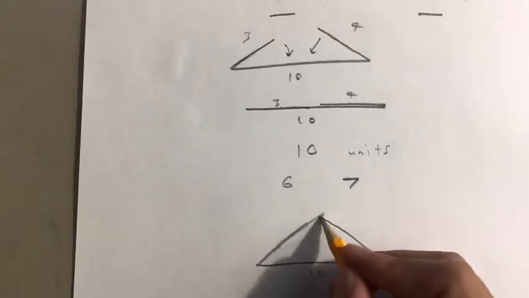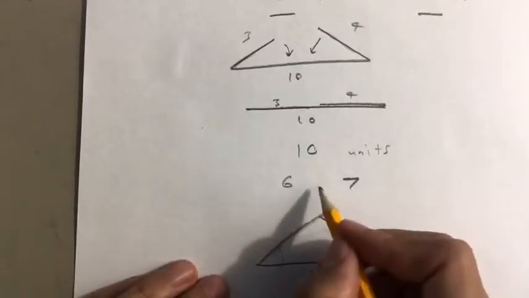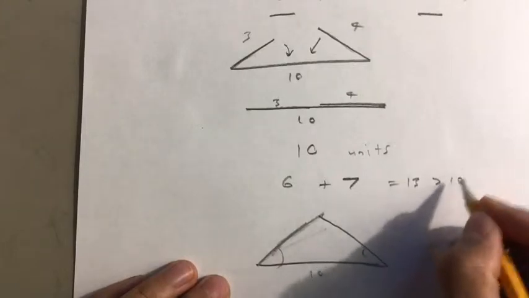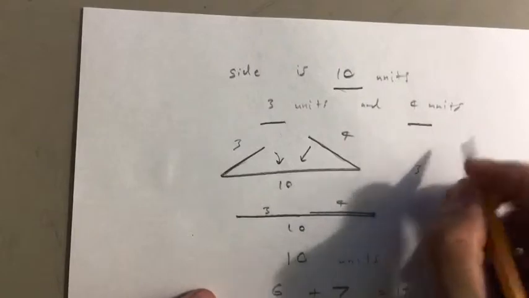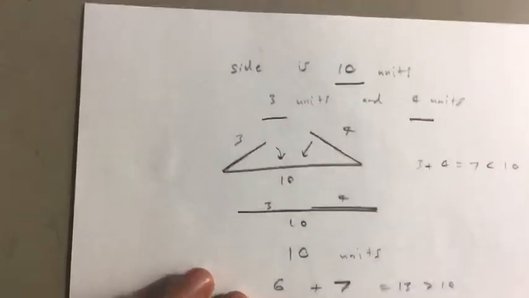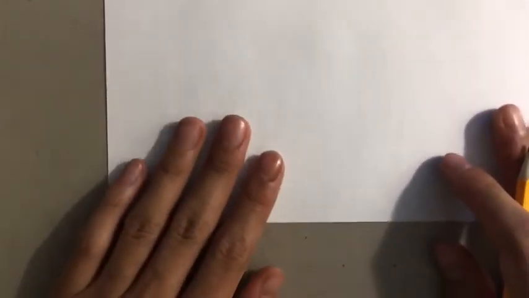These are going to meet at a specific angle and a triangle will form. So 6 plus 7 is 13. 13 is greater than 10, so it's going to work. But if it was less than 10, like 3 plus 4, it's only 7, and 7 is less than 10, then the triangle is impossible. So that's something good to remember, and let's move on.